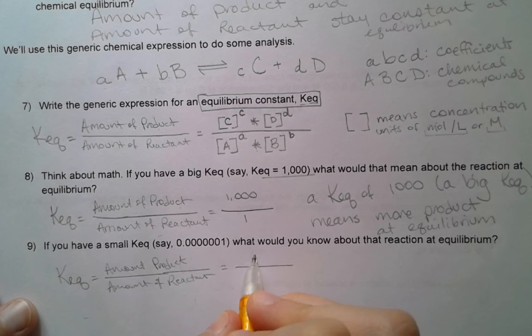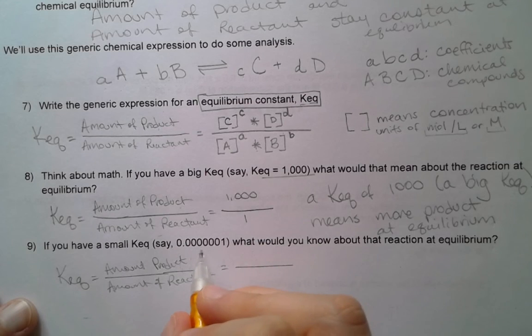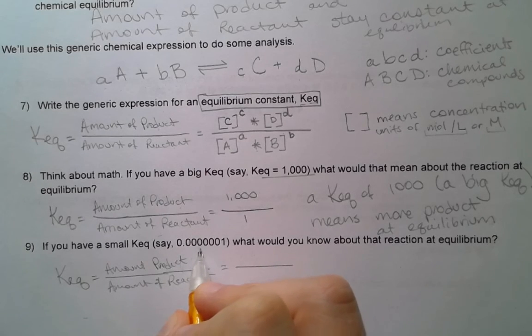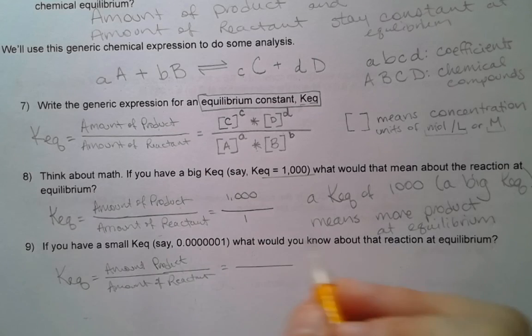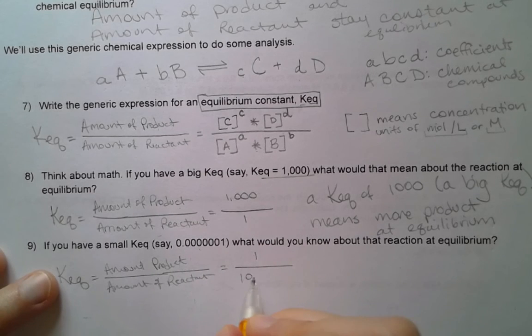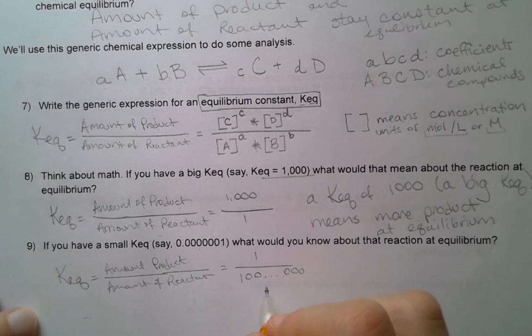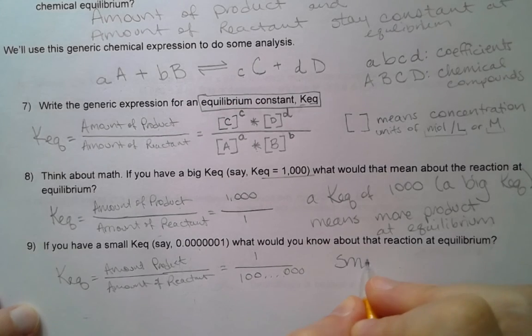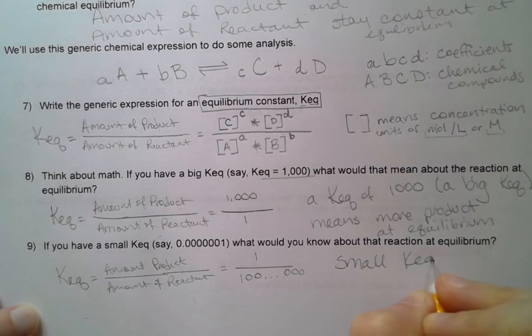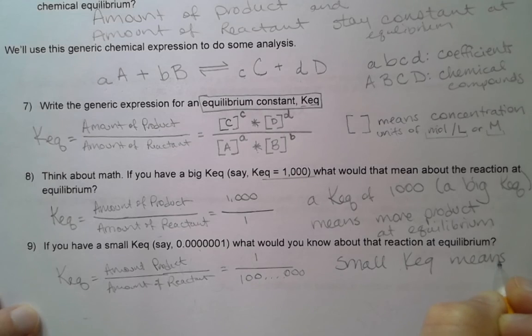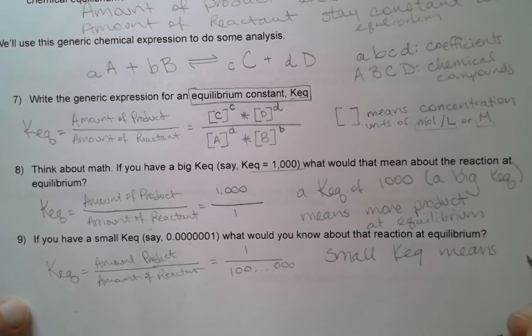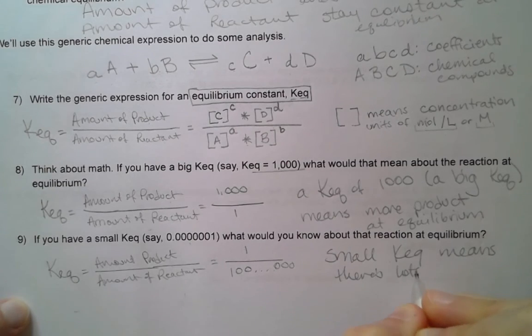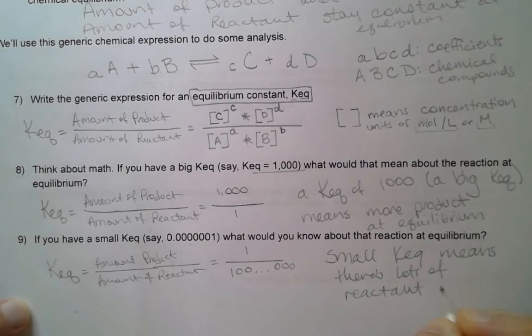Your number here is 1 divided by, I don't even know how many zeros. 1 divided by a whole bunch of zeros. Small KEQs means there's lots of reactant at equilibrium.